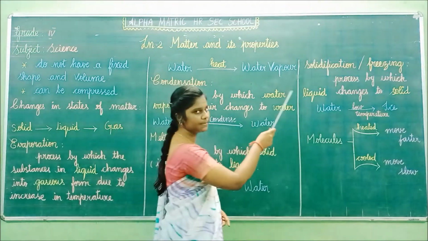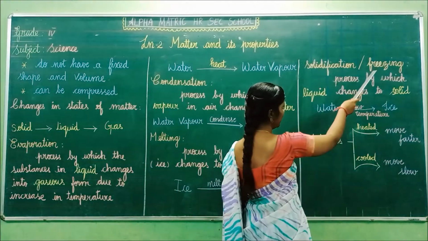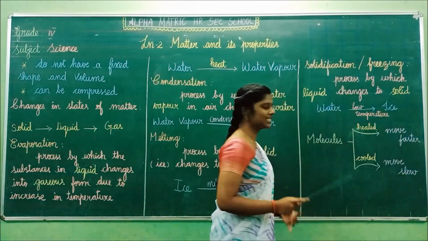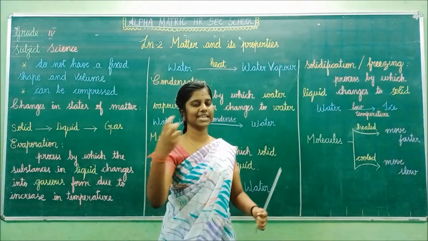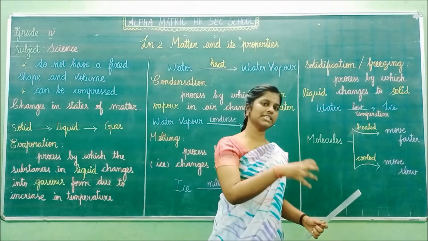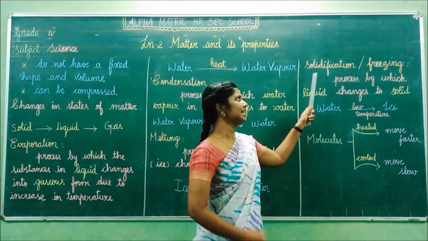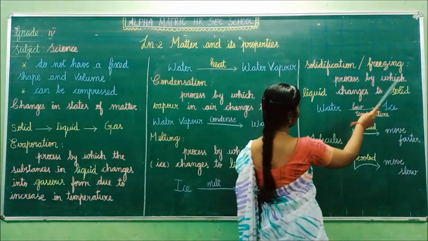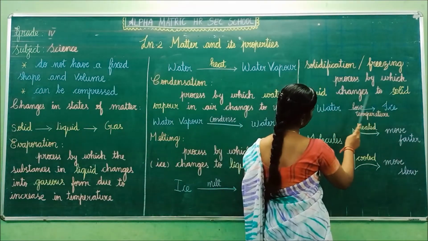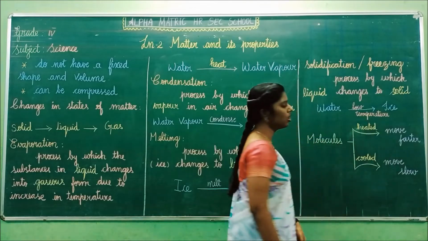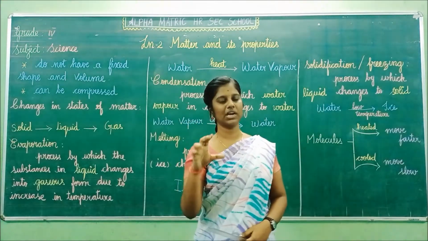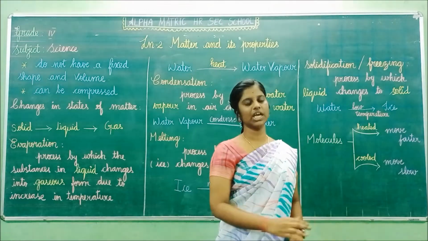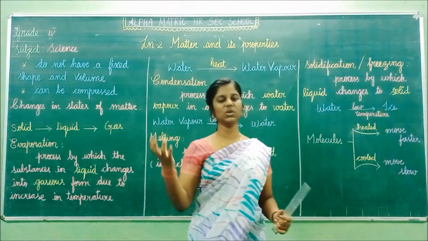Okay. The last process is freezing. Freezing can also be called solidification, because here the liquid state changes to solid. The final state is solid, so we call it solidification. Listen here. The process by which liquid changes to solid. If you put a glass of water inside the refrigerator, that is at low temperature, the water will change into ice.